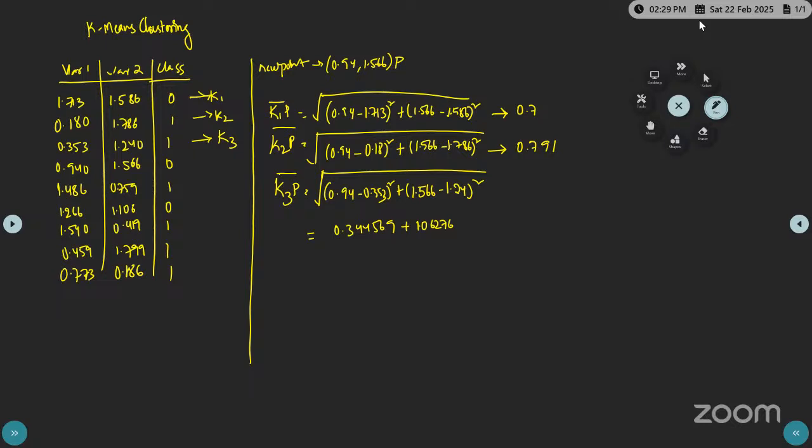Same values actually. Four, five, zero, eight, four, four.